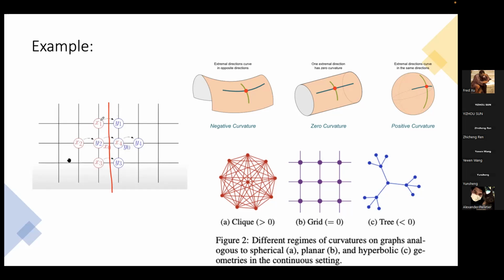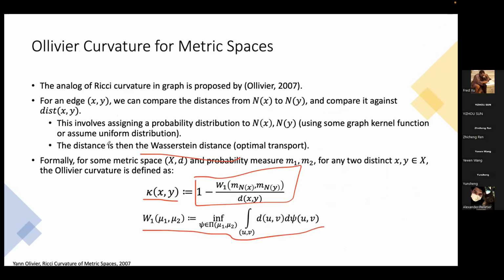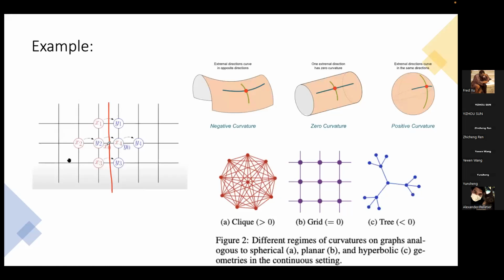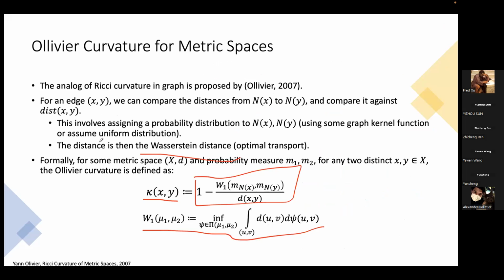So for example, d(x,y) is compared against, if we want to move y2 to x4, I think, yeah, I'm a little bit lost right now.